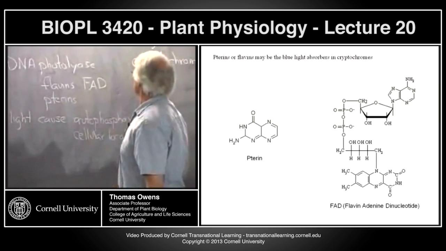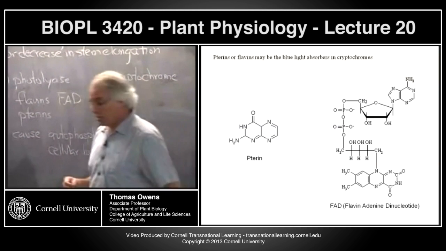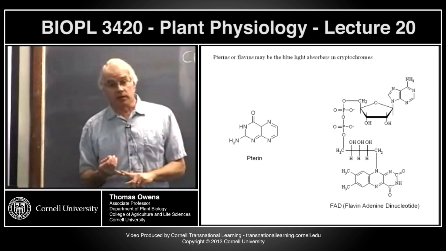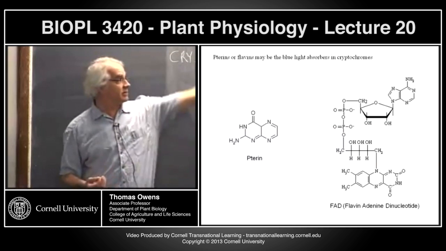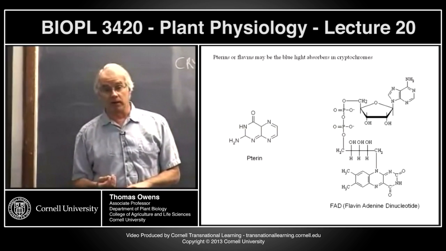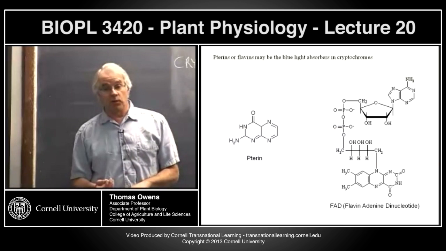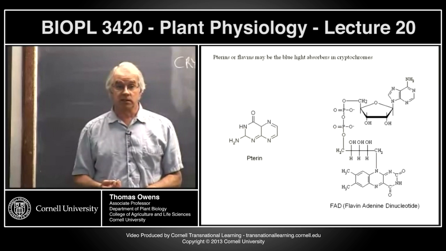Okay, interestingly, one other thing that's important is that the classes of things that we've talked about that blue light receptors deal with in plants: stem elongation and bending of the hypocotyl. We've talked about stomates. The other thing that they do, we've talked about, but we didn't relate it to blue light, and that's chloroplast movements.